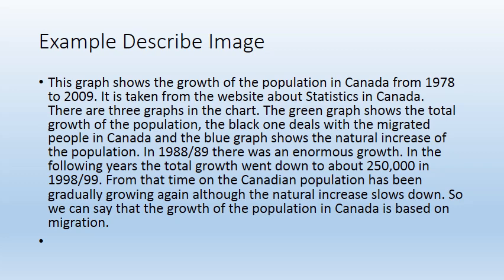In the following years, the total growth went down to about 250,000 in 1998 and 99. From that time on, the Canadian population has been gradually growing again, although the natural increase slowed down. So we can say that the growth of the population in Canada is based on migration.